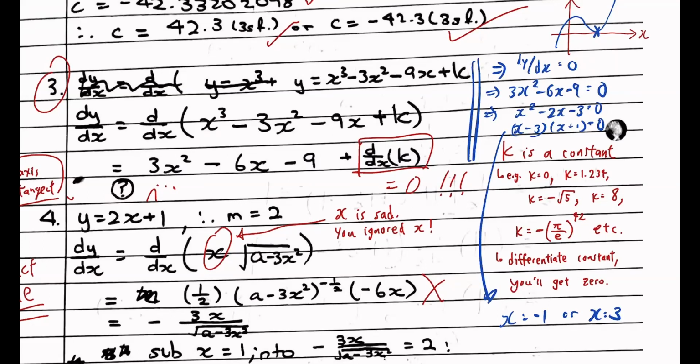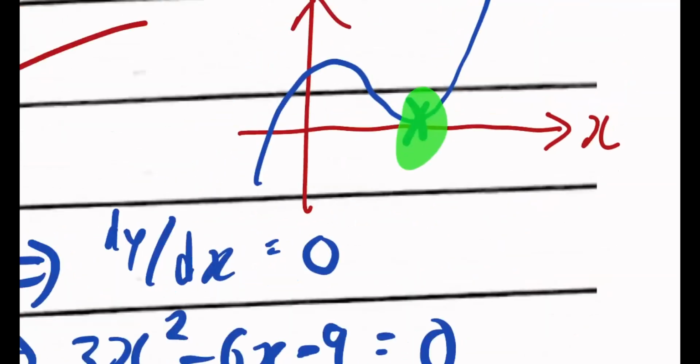If the tangent to the curve is the x-axis, it means that the y coordinate is a certain value. What is the y coordinate? Let's look at this point here. In this case, we got positive 3. What's the y coordinate? 0.